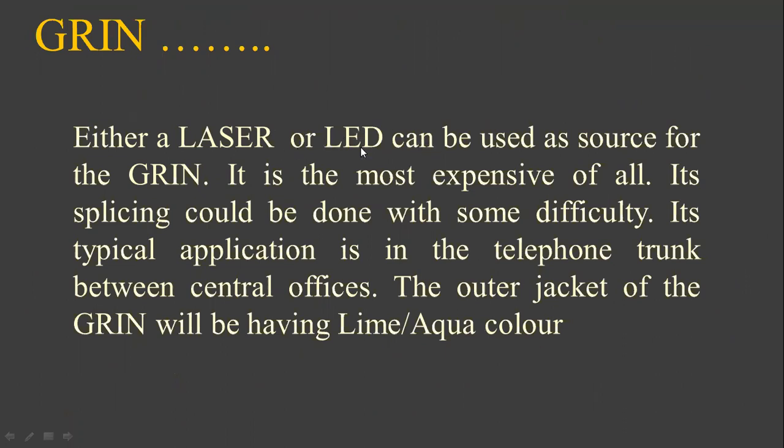Any one of these two can be used as a source of light for the GRIN, and it is the most expensive of all because the production cost increases, because the refractive index of the core is gradually changing when you are moving out from the axis radially. So that leads to the increase of manufacturing cost.